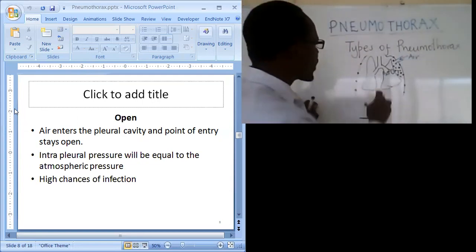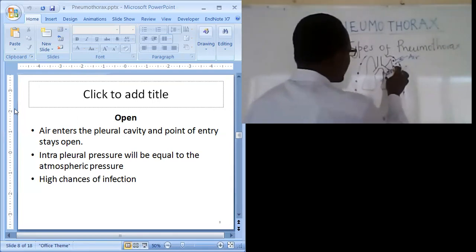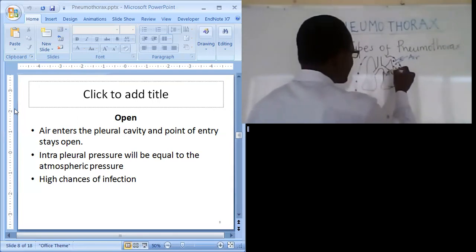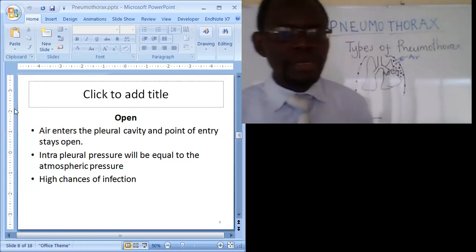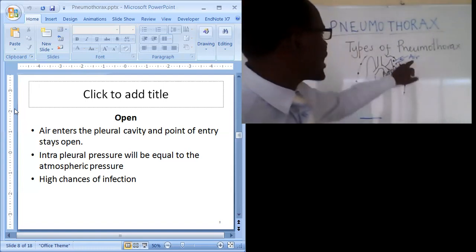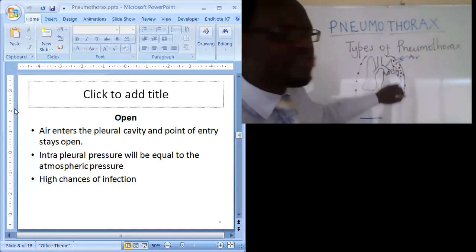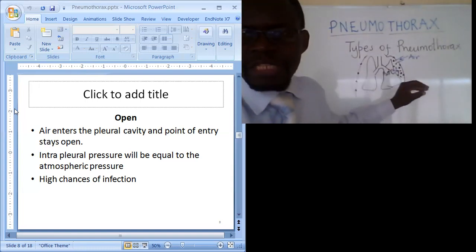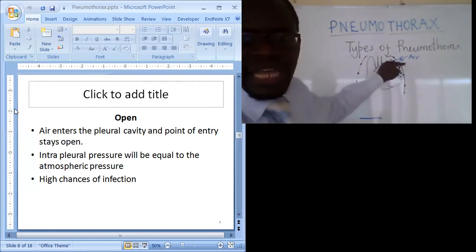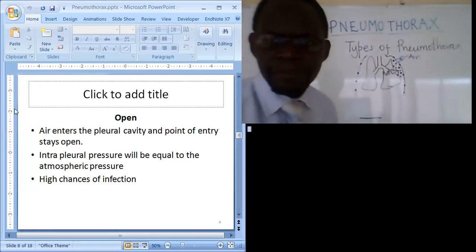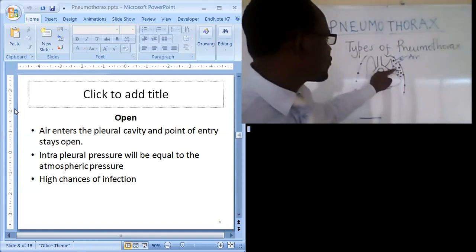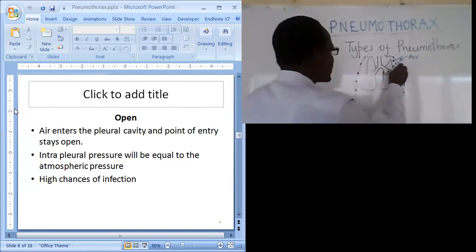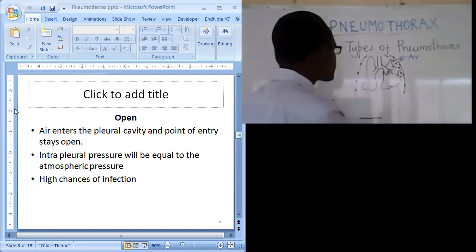Or you can have the point of entry of air right from the lungs that stays open. But usually we consider the point of entry from the outside that stays open, because the one within the lungs can never stay open: as the lung collapses, it gradually seals it off. So this point never stays open.